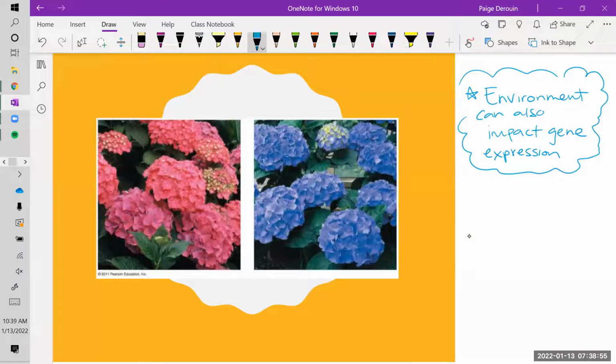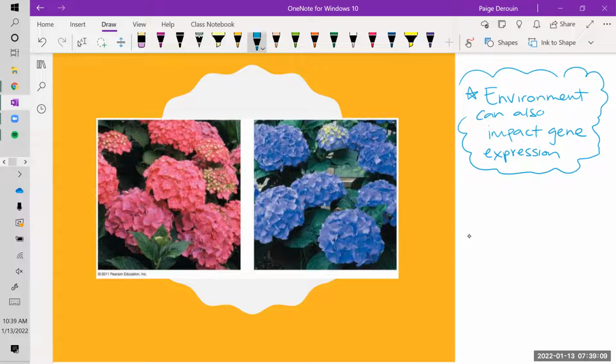Environmental factors are important. This example is with hydrangeas. Do you know about hydrangeas, why they are different colors? Why? I don't know. Yeah, the pH of the soil.